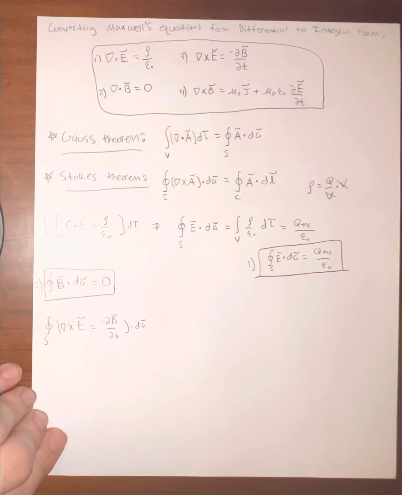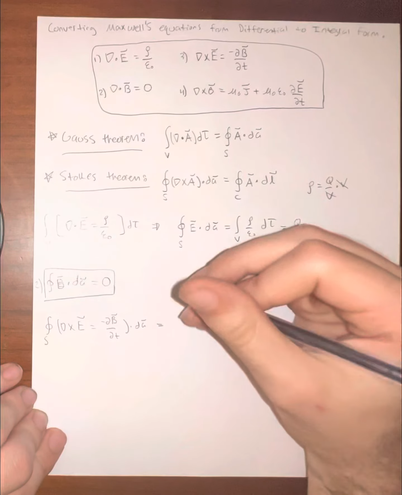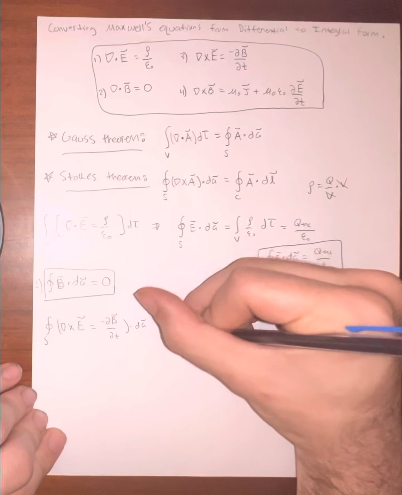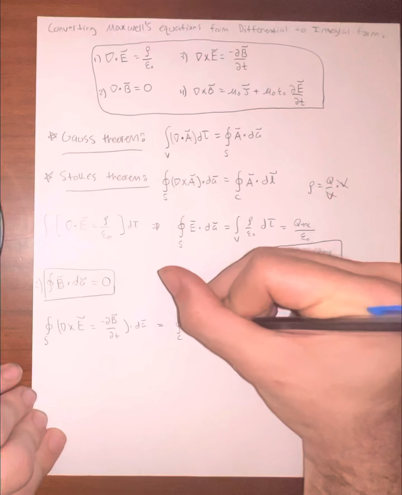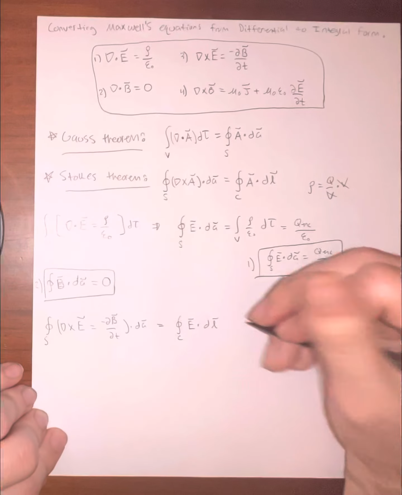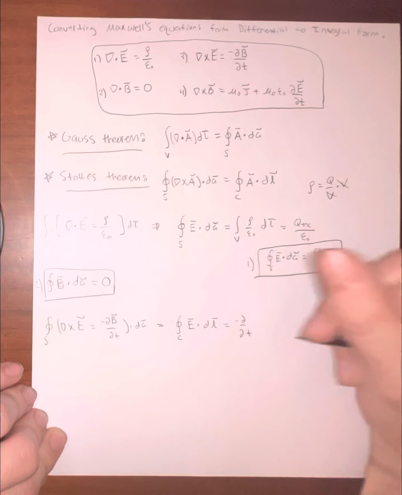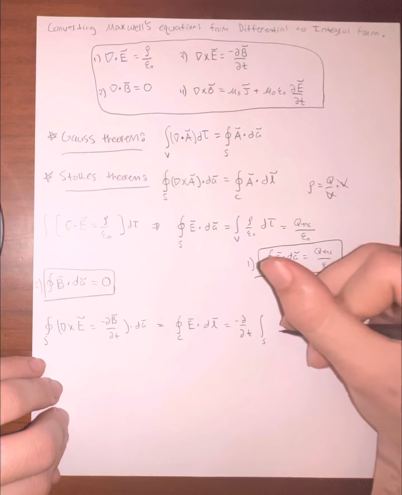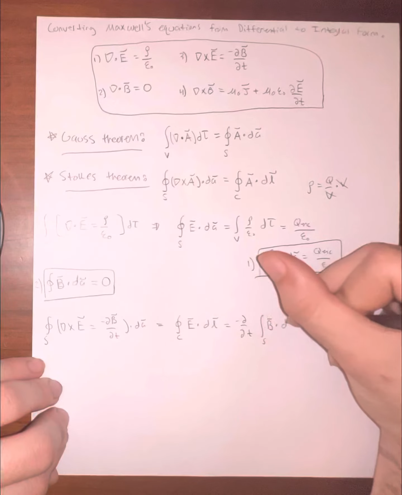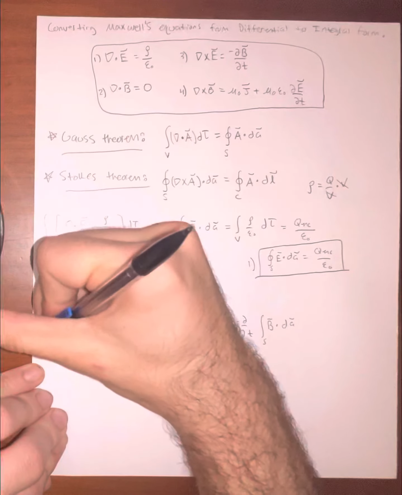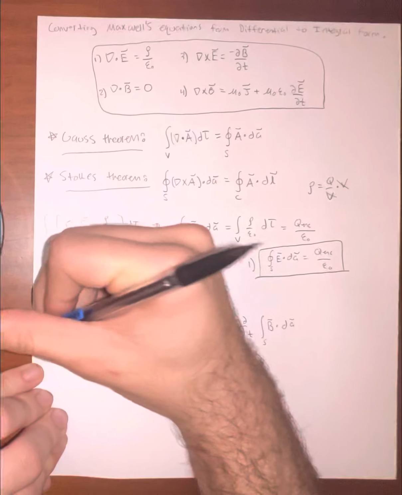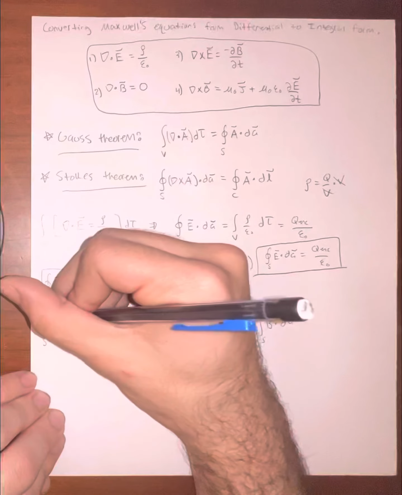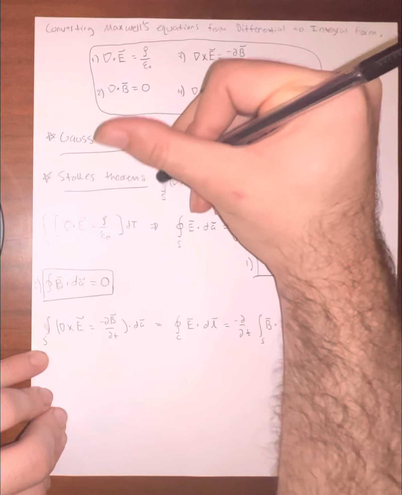then we see that we get a line integral and that's going to equal negative d/dt of the surface integral of B dot dA, and this should be, well, it shouldn't be closed there.